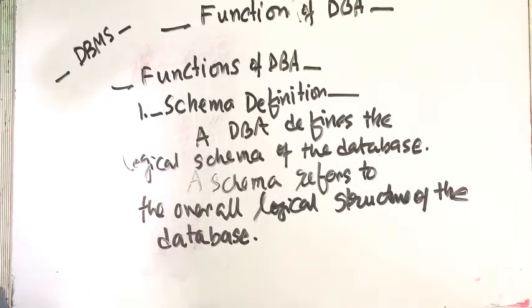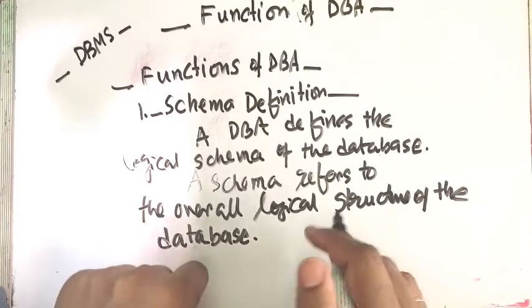So the first function of DBA is schema definition. A DBA defines the logical schema of the database. A schema refers to the overall logical structure of the database.